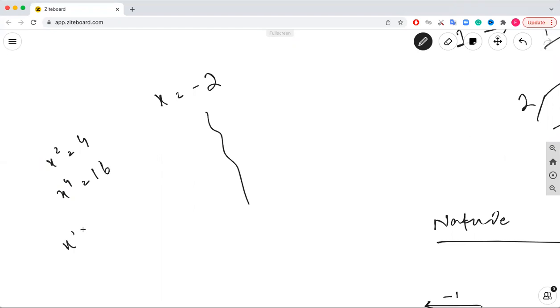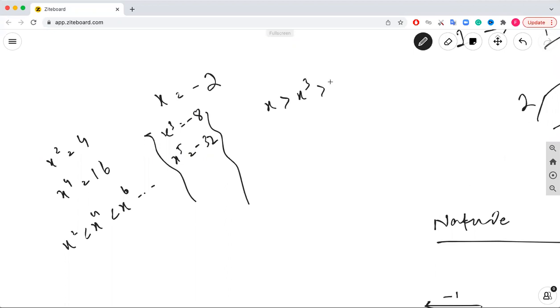So x squared is less than x power 4, which is less than x power 6. This is a very simple case. But if we have an odd power, x cubed will be -8, x to the 5 will be -32. So in this case, x is greater than x cubed, and x cubed is greater than x power 5, and so on.